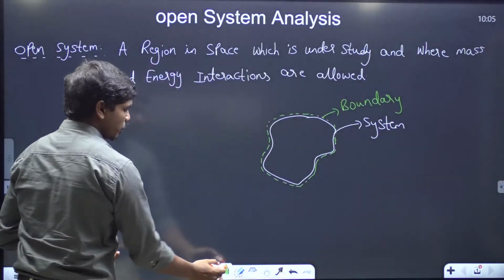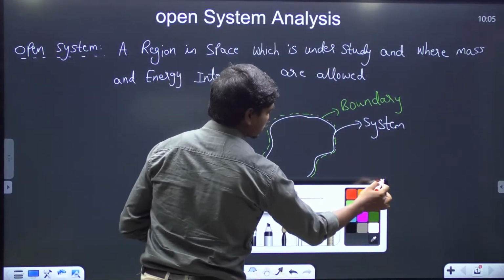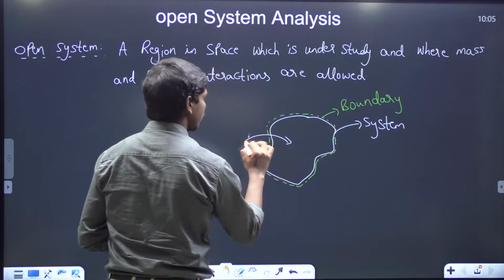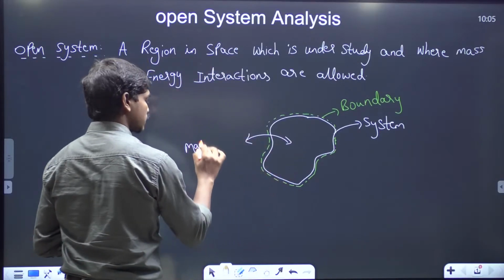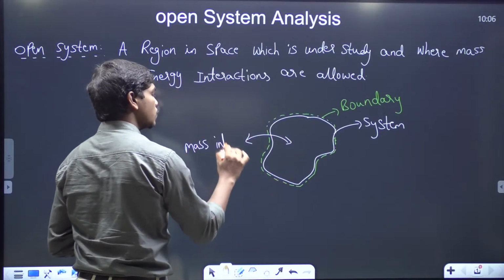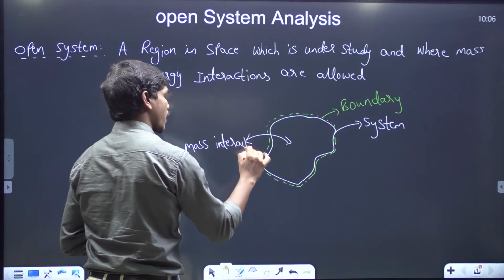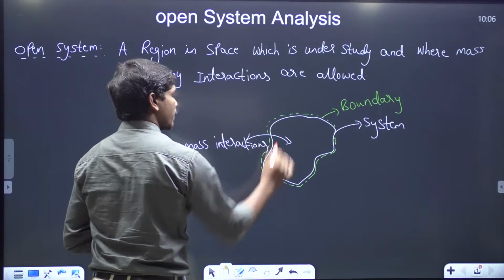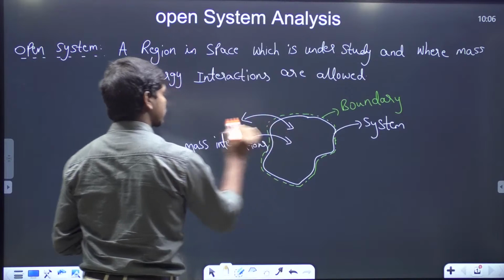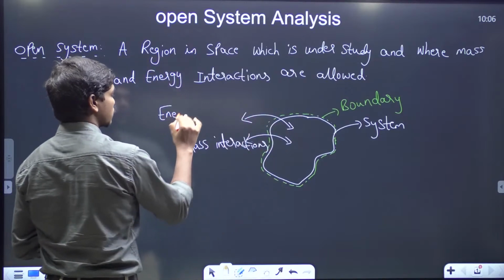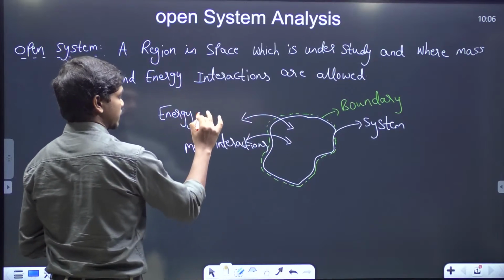Now, in this open system, mass interactions can happen, and energy interactions can also take place. Correct? So we can also talk about energy interactions.